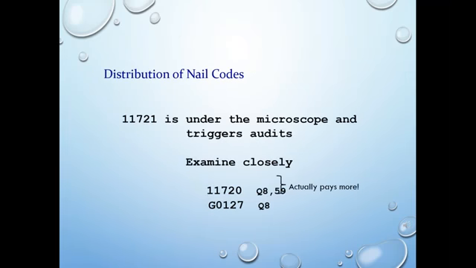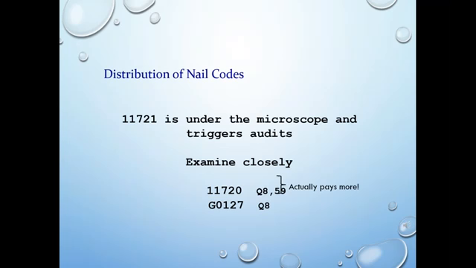This is something we covered on last month's webinar, but it bears repeating because this is a frequent mistake as well. The question is this: do we have the 59 modifier in the wrong place here? Because according to CCI edits, Correct Coding Initiative edits, G0127 is column 2.